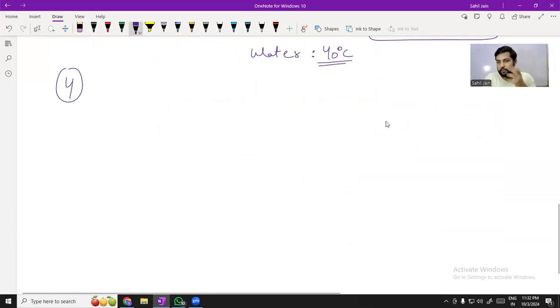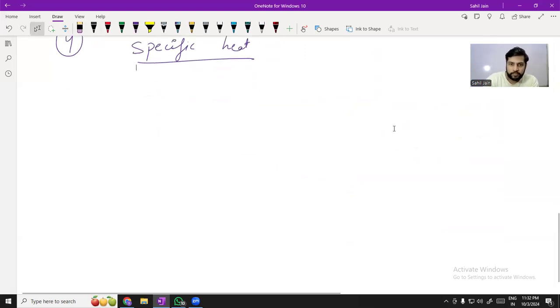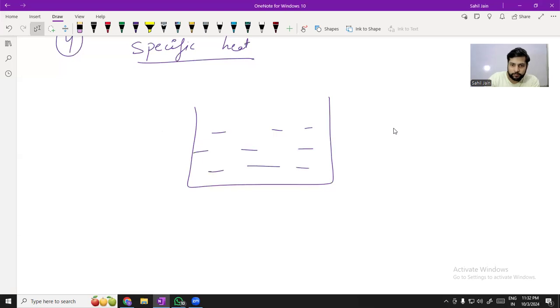Now we upgrade our topics. We need to learn what specific heat, or specific heat capacity, is. Let us say I have some water in this bucket at a temperature of 20 degrees Celsius.